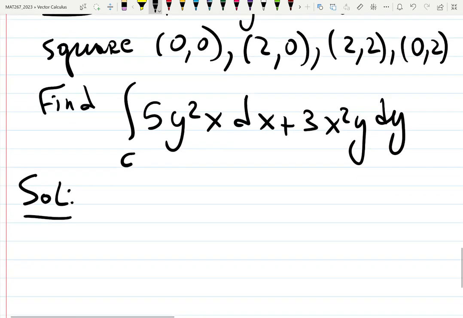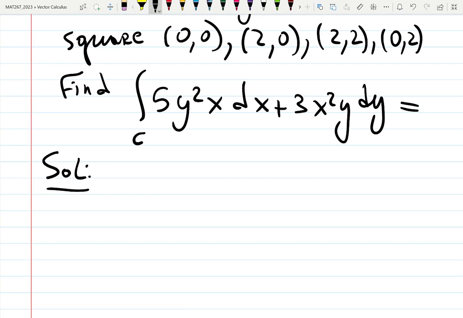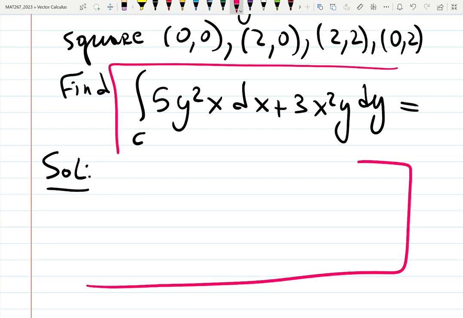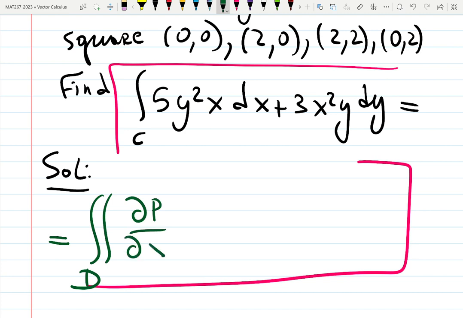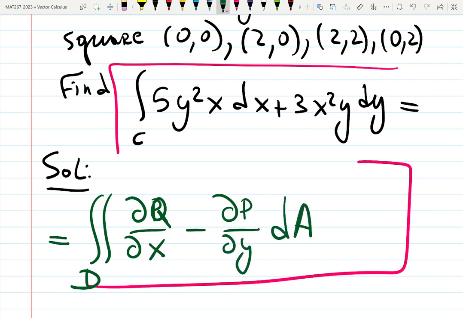You know how to convert this integral into a new double integral using Green's theorem. It's going to be a double integral over D, and you will have to figure out that region later. And now you have the partial derivative of Q with respect to x minus the partial derivative of P with respect to y, dA, and you'll figure that out later.